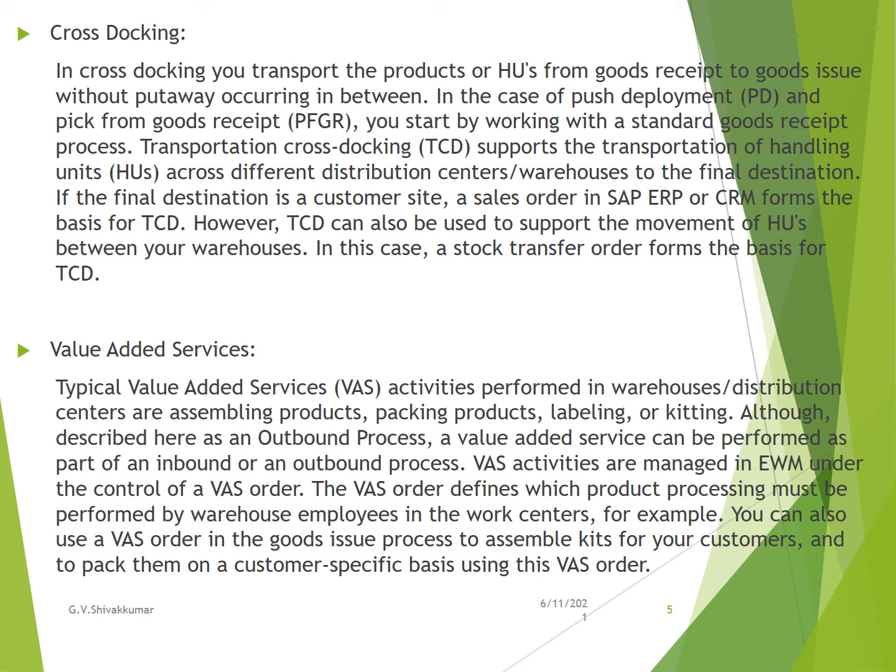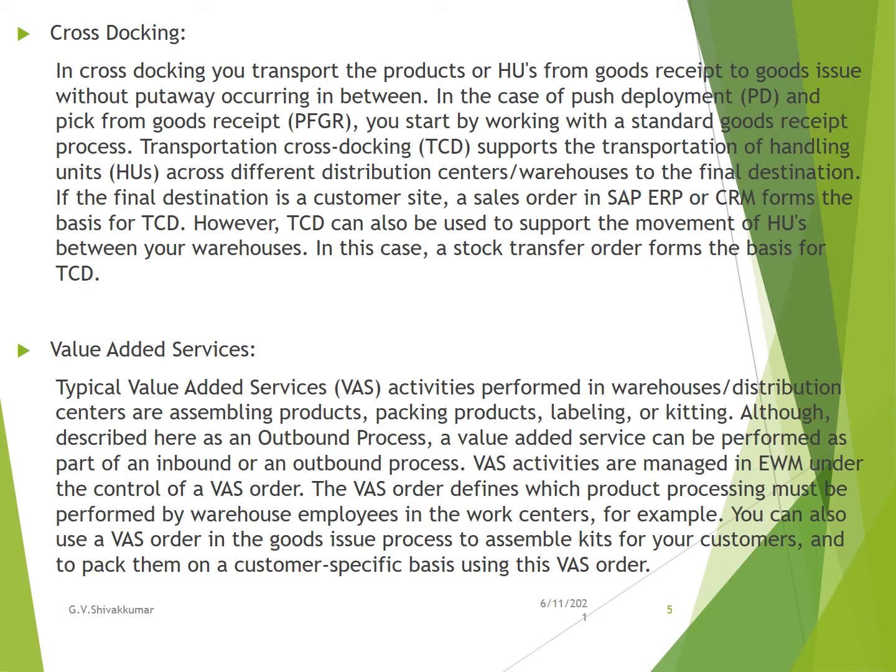Transportation cross docking, TCD, supports transportation of handling units, HUs, across different distribution centers in your organization. Normally the distribution warehouses are called distribution centers, right? From there the handling units go across different distribution center warehouses to the final destination location.